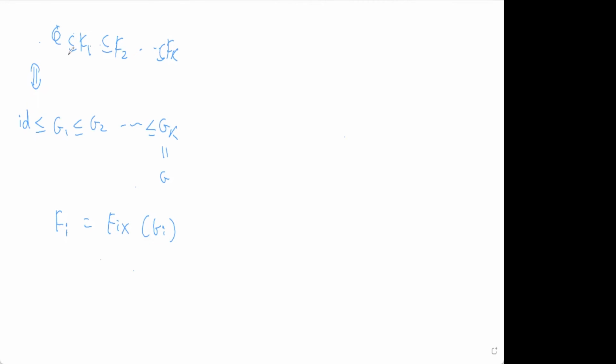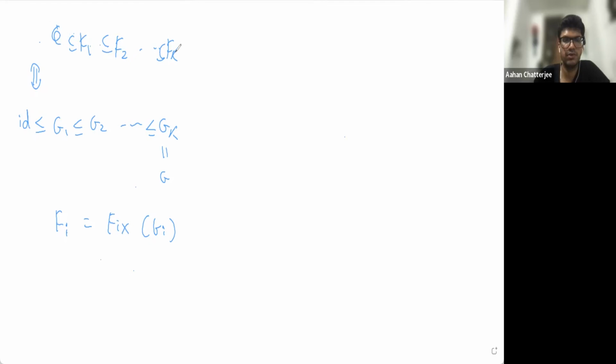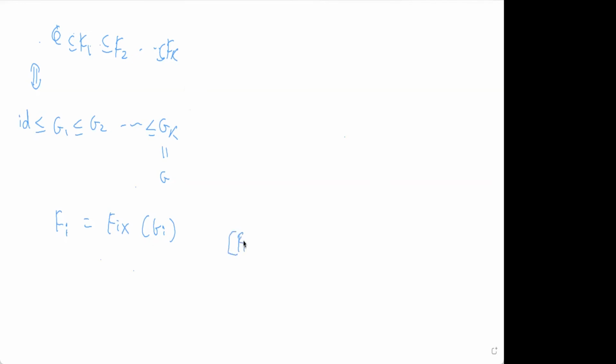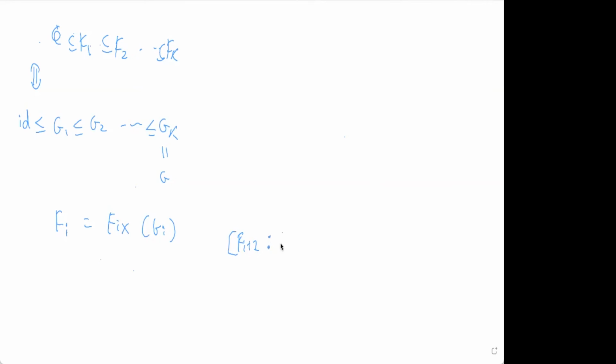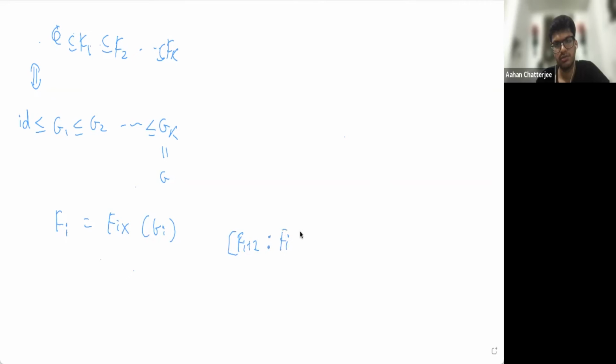So basically, finding a sequence of subfields Q, F1 till Fk says that [F(i+1):Fi] equals 2.